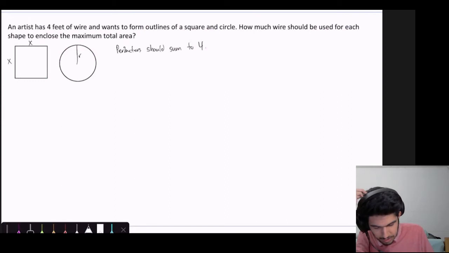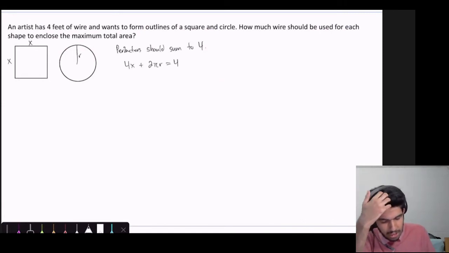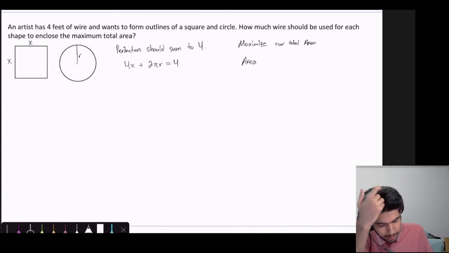So the perimeter of the square is 4x, and the perimeter of the circle is 2 pi r, and that equals 4. We want to maximize our total area. So area is equal to the area of the square, x squared, plus the area of the circle, pi r squared. And again, we want to maximize this.